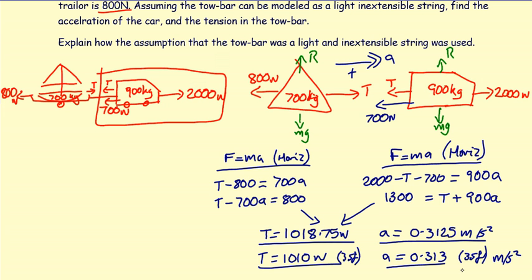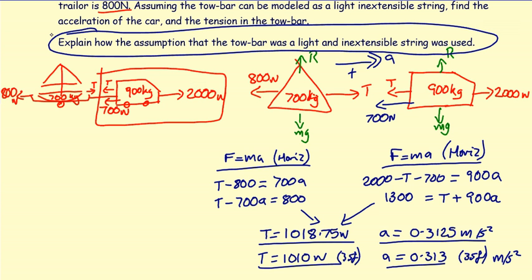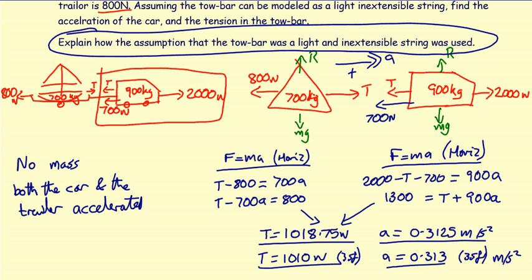The last part of the question, it says, explain how the assumption that the tow bar was light and inextensible was used. So firstly, there was no mass to consider, but more importantly, both car and the trailer accelerated with the same acceleration.